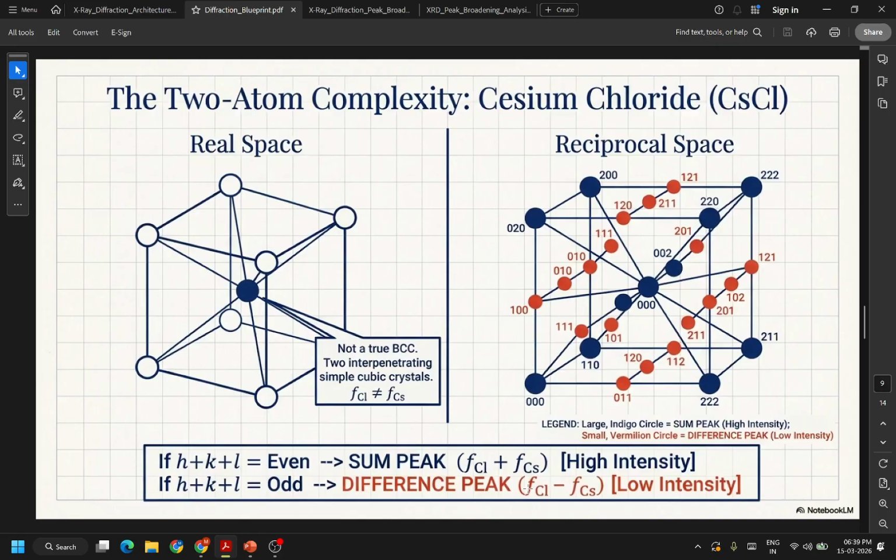So we won't have zero intensity, but we'll have low intensity. There will be some order of destructive interference, but not completely out of phase, not complete destruction. So we will still get peaks for both of them, just the intensity would be different.